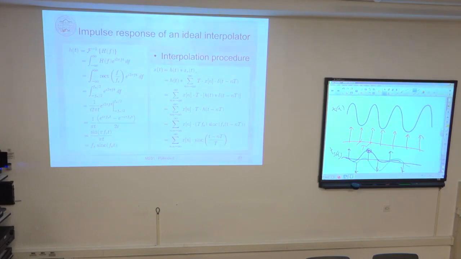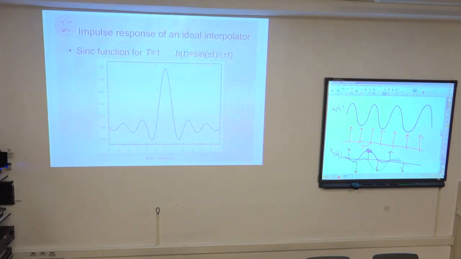So what is the problem with this kind of filter? Does anybody know why this filter is not really implementable or applicable? What is the main problem with this filter? Is it causal? The first question.